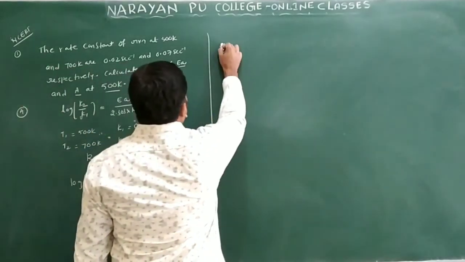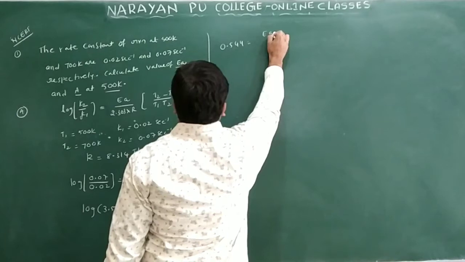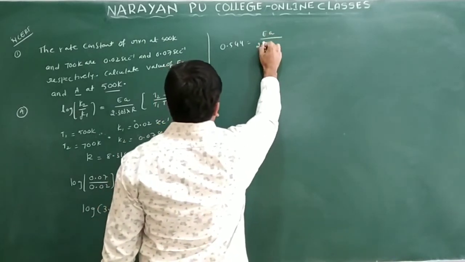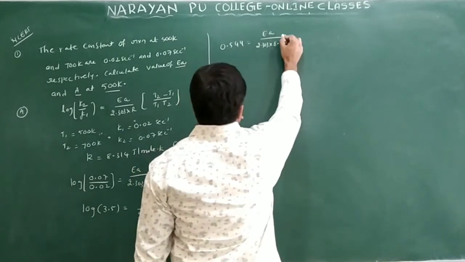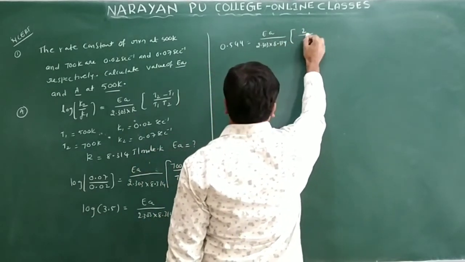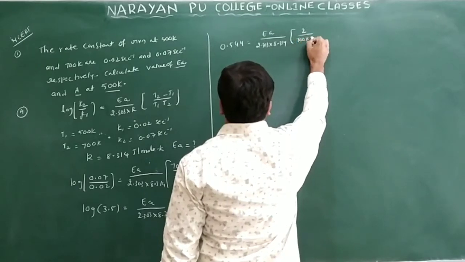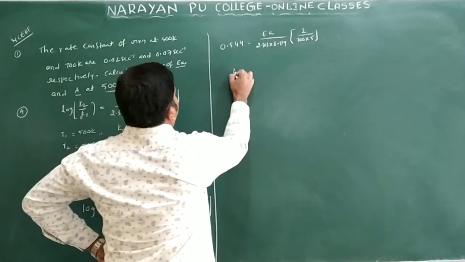So 0.544 is equal to EA by 2.303 into 8.314 into 2 by 700 into 5. Clear? Now I want to find EA.